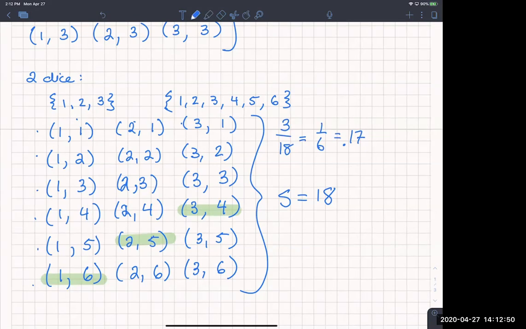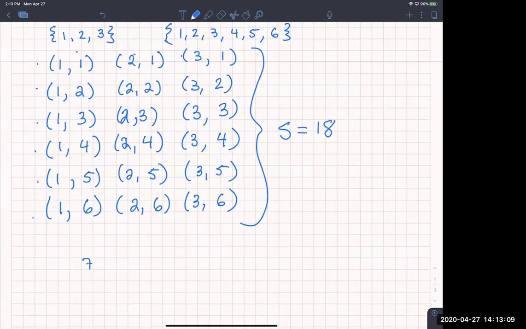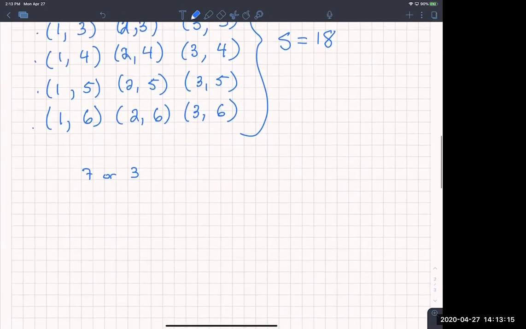Now, let's say, for example, I wanted to know what's the probability of me rolling a 7 or a 3. Okay, a 7 or a 3. Now, these are what we call compound probabilities, and there's two types.